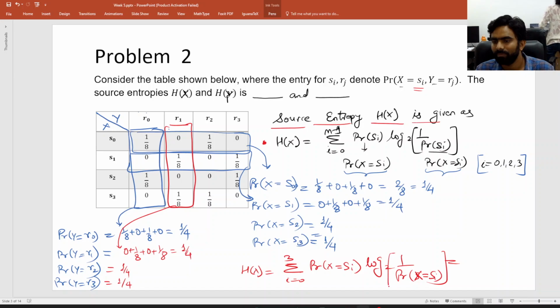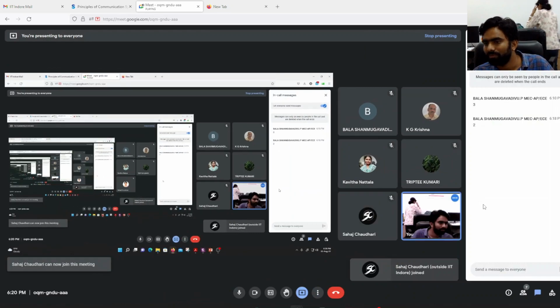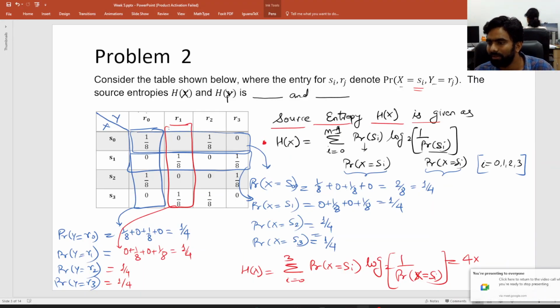All are the same, so we can directly write 4 multiplied by 1 by 4 times log 2 of 4, since the probability of Xi is 1 by 4 for all. Sorry, I have made a mistake.